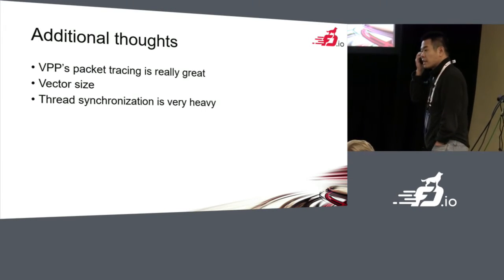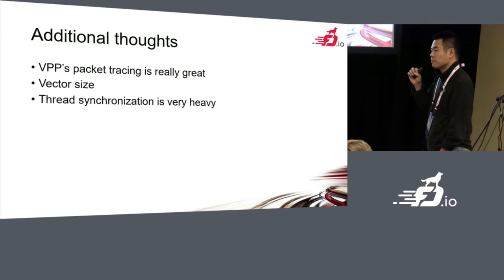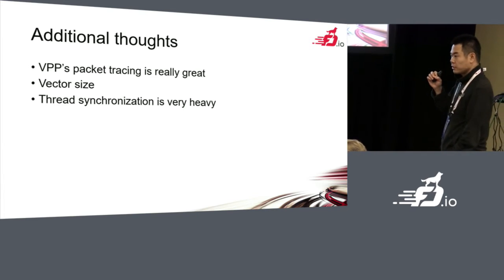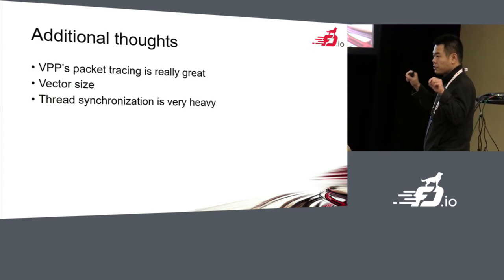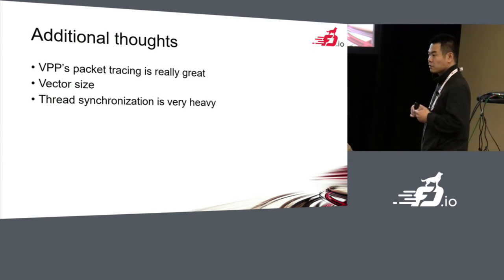So right now, when you do any sort of configuration, all of the worker threads have to wait for each other, and they need to have a hard synchronization to apply this configuration change. That means that it's hard. So actually, when we're doing OVS DPDK, we have our own control synchronization.